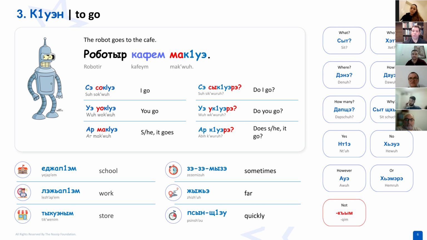Arashi wa lejapa jija wukura. Ara Pej. Sa lajapa jija sokwa. Wa zazamiza lejapum wukura. Hawa. Ar jija sokwa.